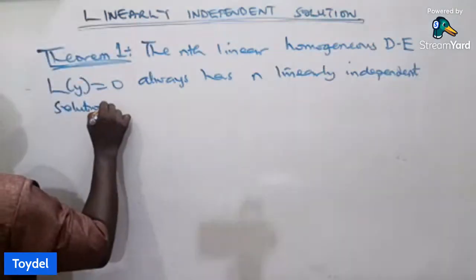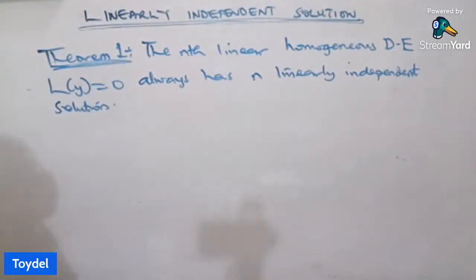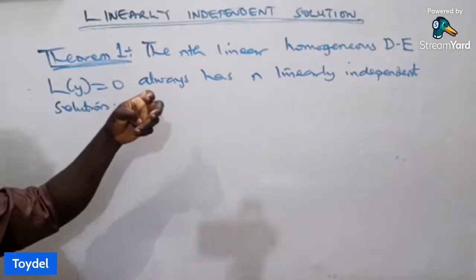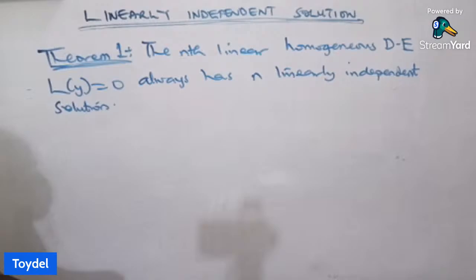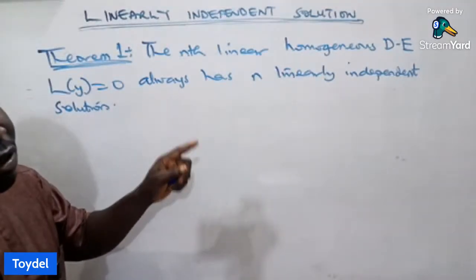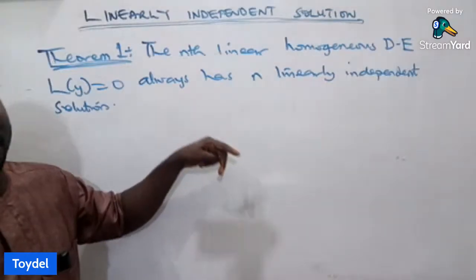We should take note that in the case of a homogeneous equation, the right hand side of that equation must be equal to 0. When we have a linear homogeneous equation, we only have one solution, and that solution is called the complementary function. But whenever the right hand side of a linear differential equation is not equal to 0, then there are two solutions we seek. We first find the complementary function, and thereafter we find the particular integral.